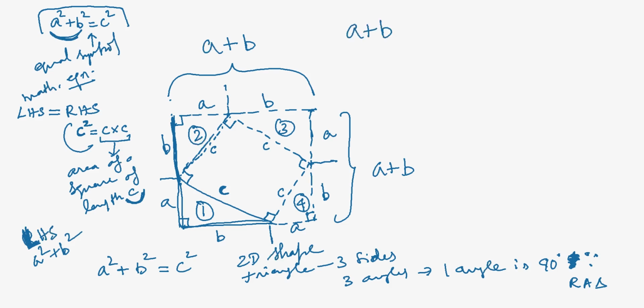Then A plus B, that square area, I'm talking about the bigger square, is actually A plus B multiplied with A plus B, which is actually, I mean, you know how to do the algebraic multiplication, I think so.